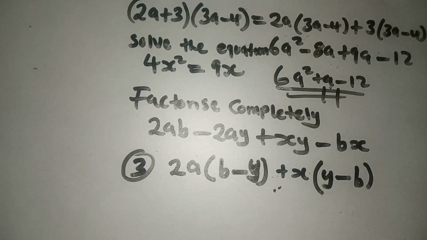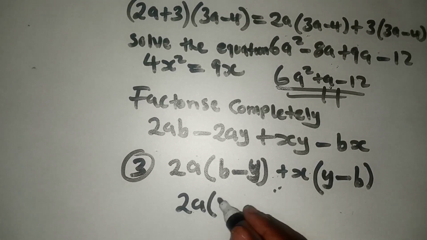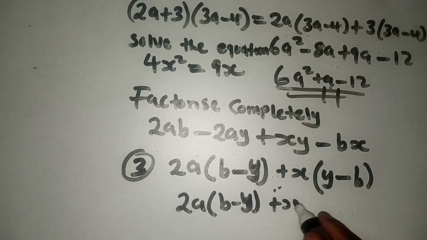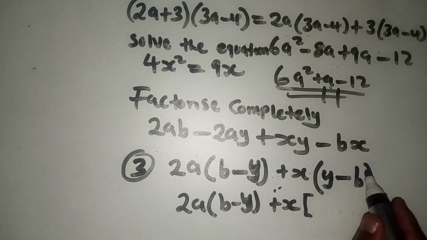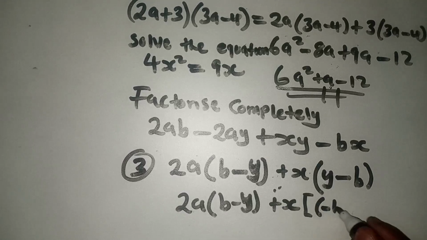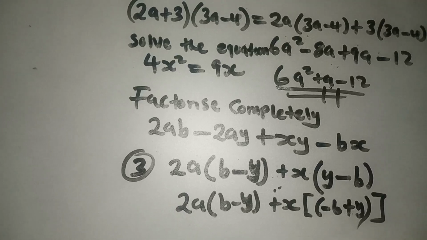So what I can do here, I can say 2a open bracket b minus y close bracket plus x, open bracket, and I can switch the letters here: negative b plus y, close bracket.